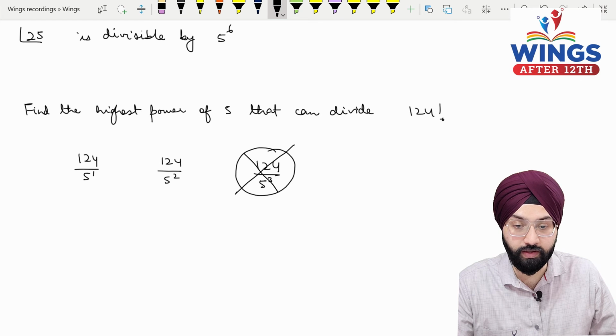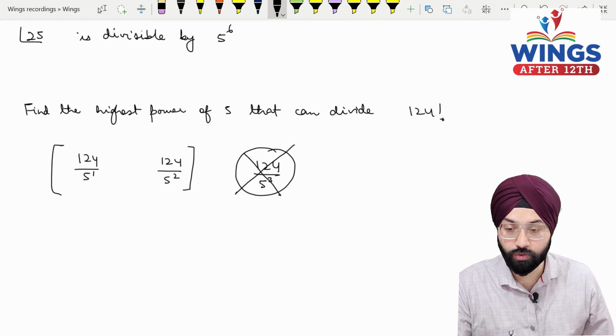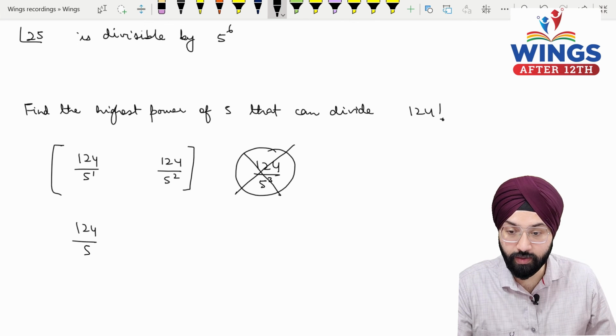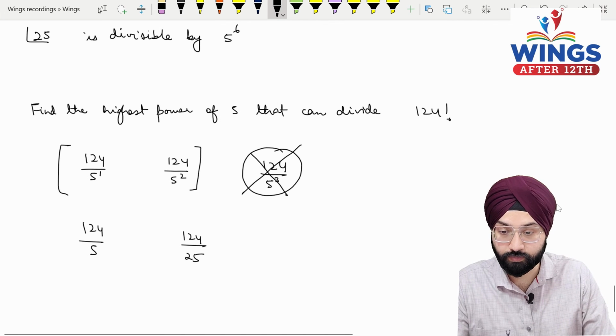So we will not write this, we will calculate only till here. Okay, so this is 124 divided by 5 and this is 124 divided by 25.